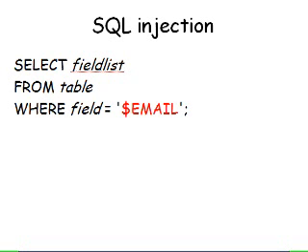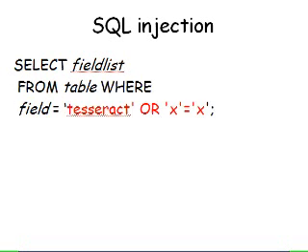Now, we don't have a valid email address to put into the red text field, which is the input box, and so we're going to put in something like the following, where the first field is irrelevant, and then we OR it with a tautology. Since the second part will always evaluate to true, the whole thing evaluates to true.